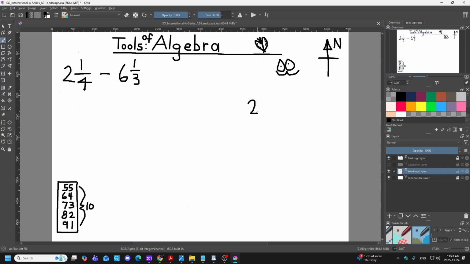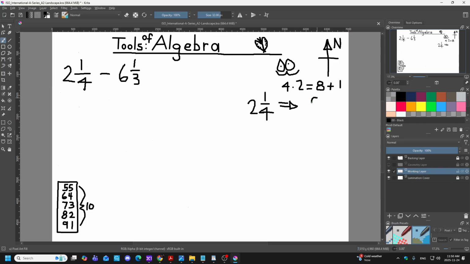It's really easy to do. So I'll show the work here, 2 1/4. The steps are really easy. Denominator times the front number, or the whole number. So 4 times 2 is 8. 4 times 2 equals 8. And then you plus whatever the numerator is.